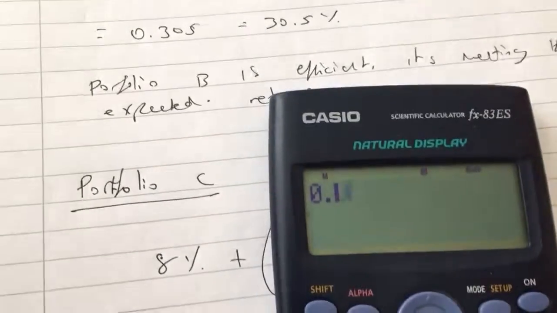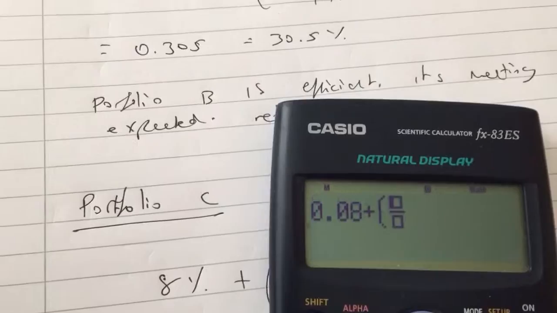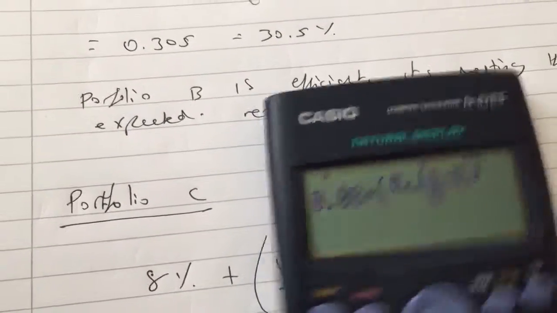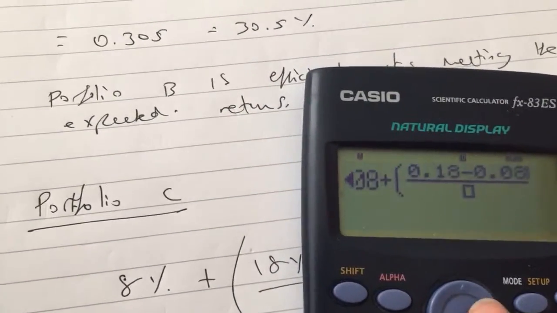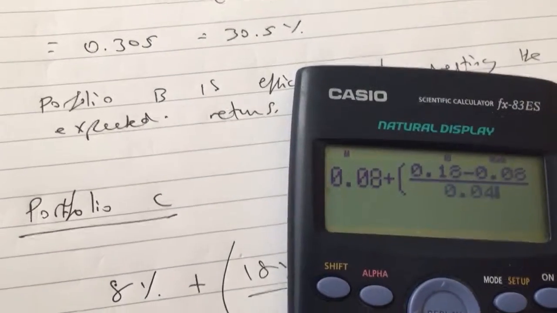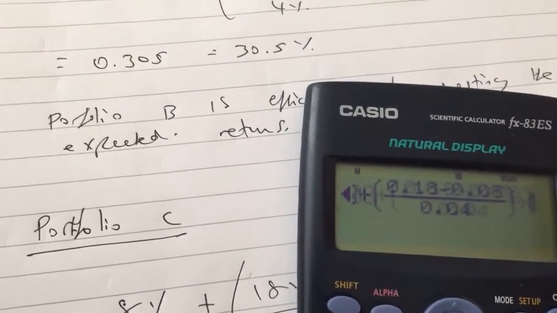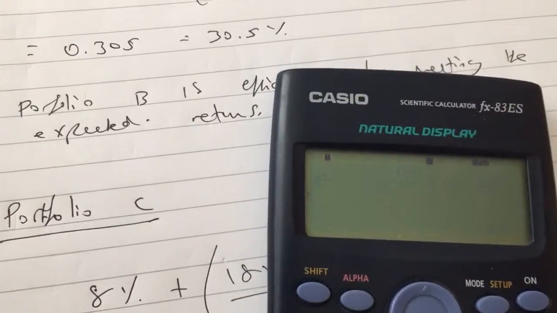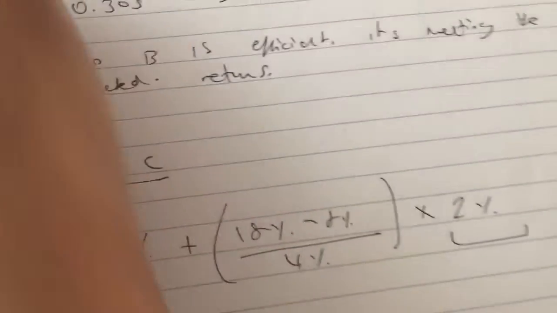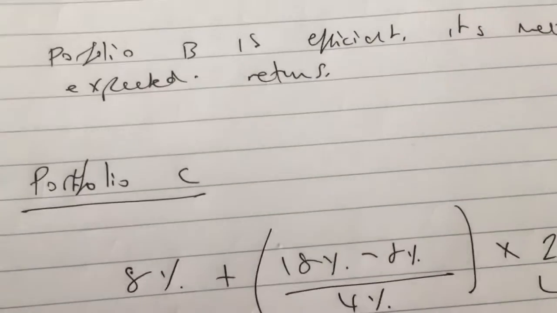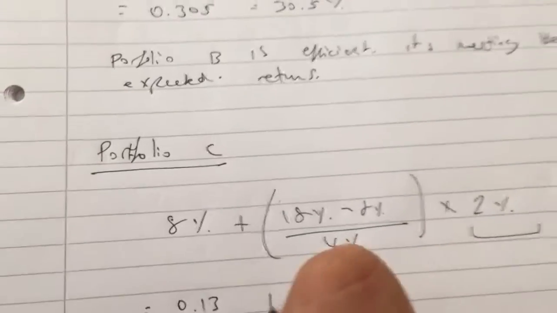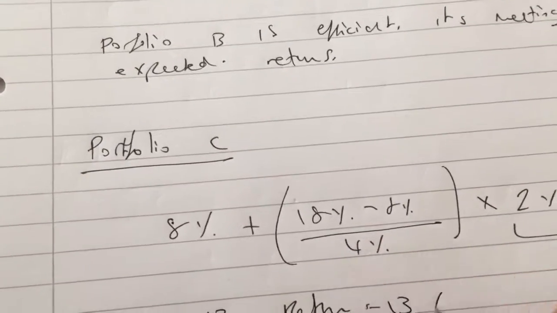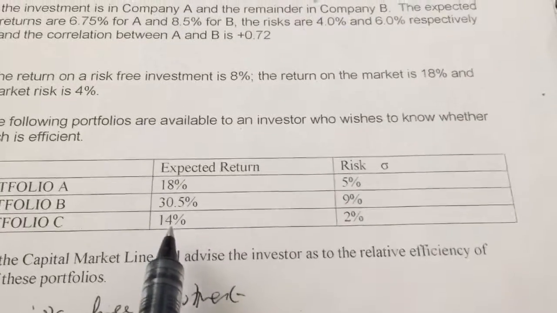Put it into the calculator: 0.08 plus 0.18 minus 0.08 divided by the risk of the market, 0.04, multiplied by the risk of portfolio C, 0.02, equals 0.13. So the return that we've achieved is 13%, and the expected return is 14%.